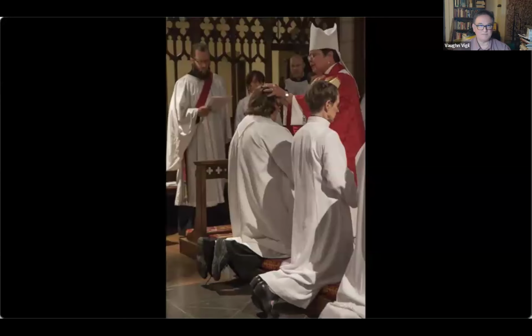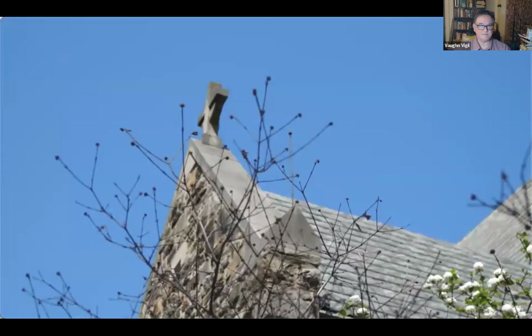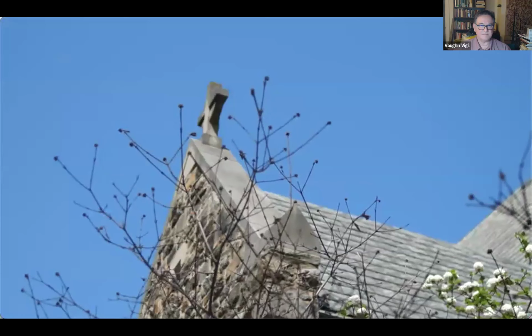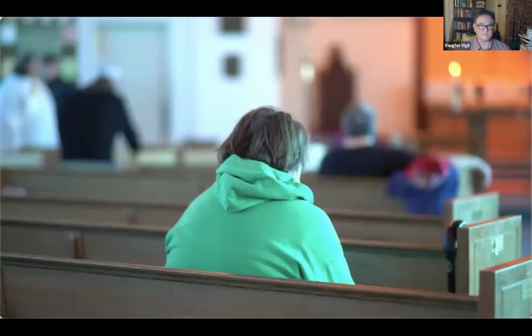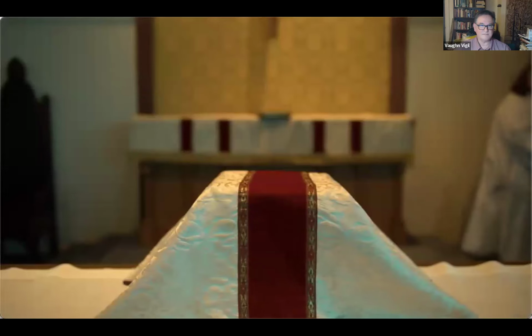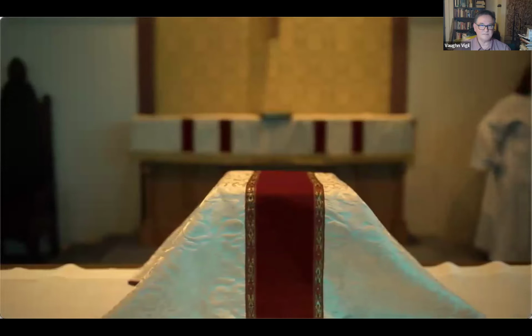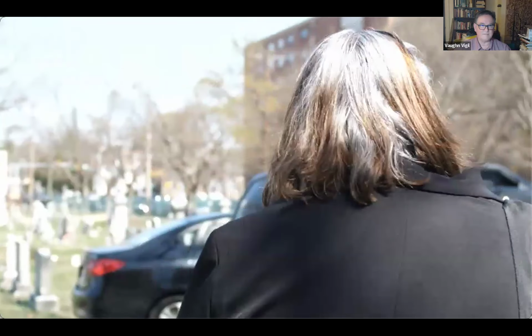Fast forward 2,000 years, and the ordaining of deacons continues to be central to the life of a faithful church. What we know about deacons is often limited to their role in the Sunday liturgy, reading the gospel, setting the table, giving the dismissal to send every Christian into the world to faithfully imitate Christ.